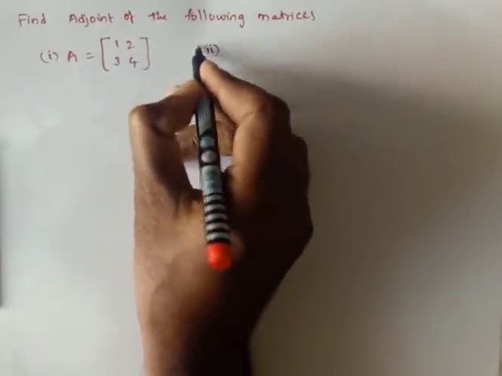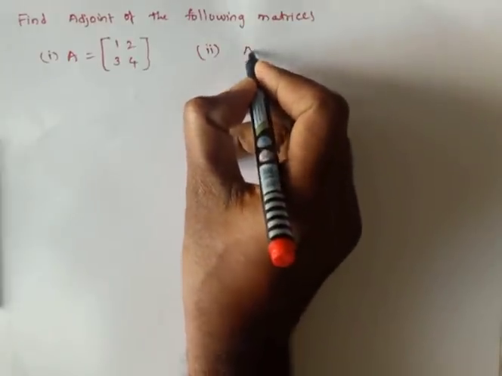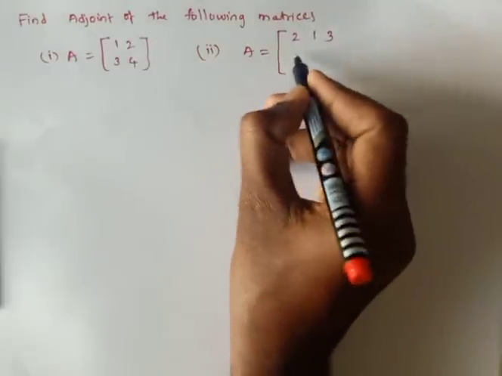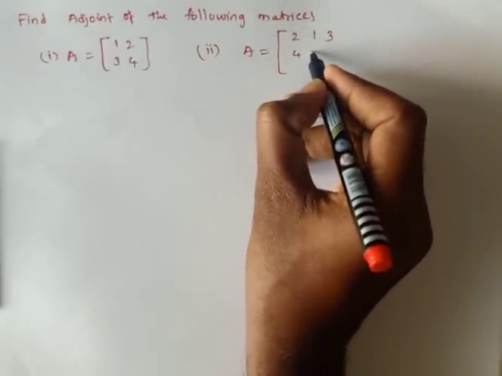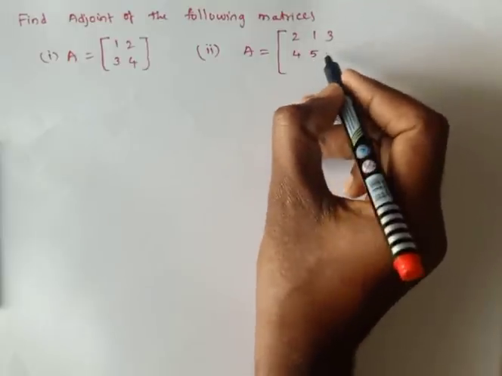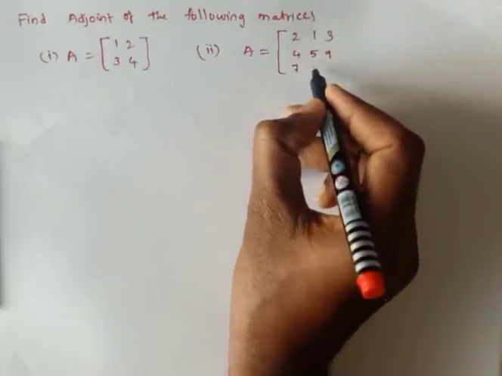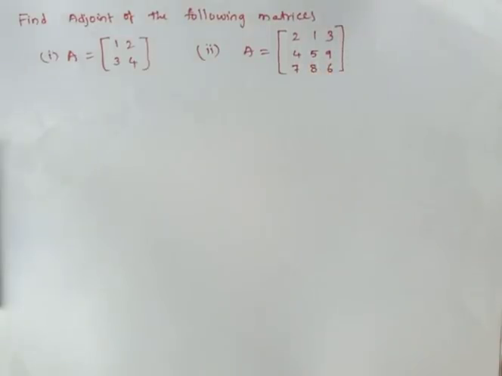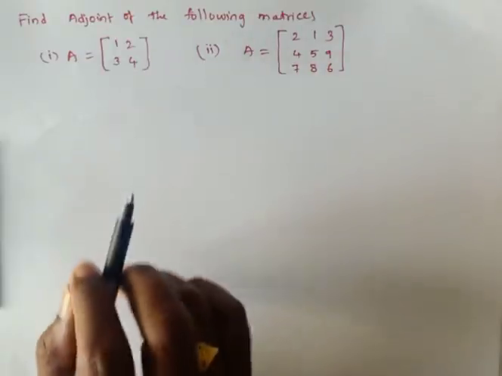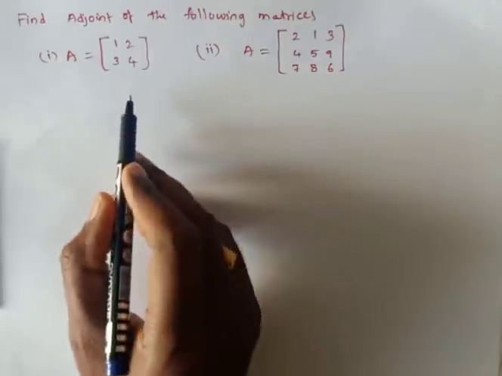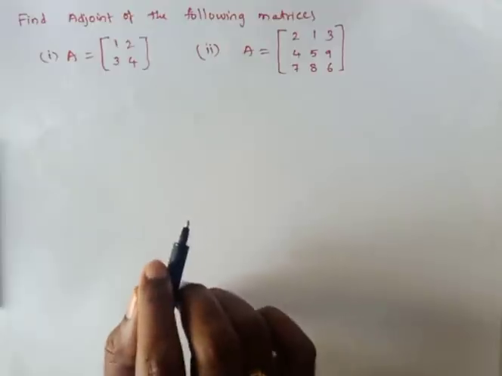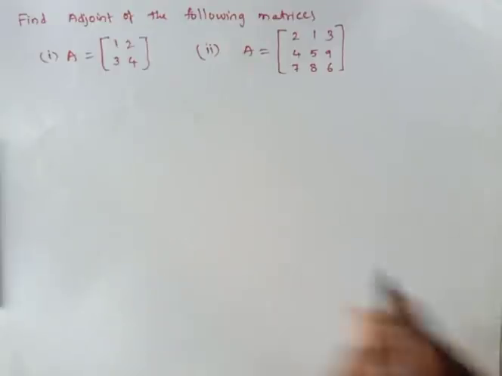And the second one, A equals 2, 1, 3, 4, 5, 9, 7, 8, 6. So try yourself and find the adjoint of the following matrices. Here you can find the adjoint of a 2 by 2 matrix and a 3 by 3 matrix.